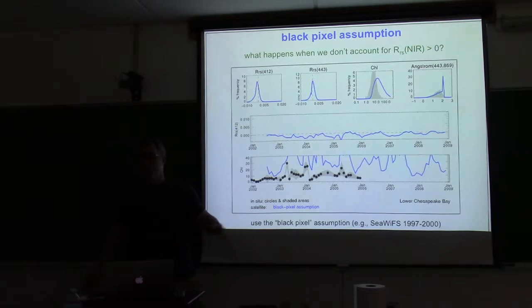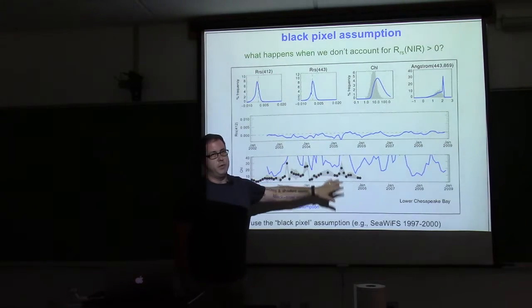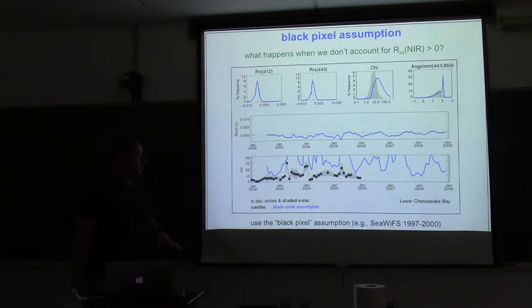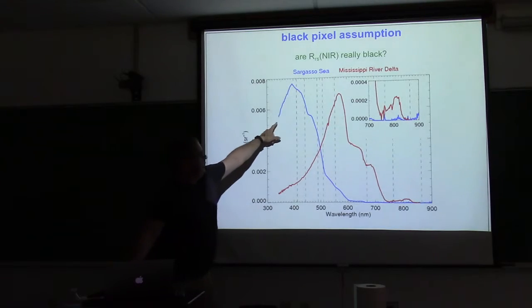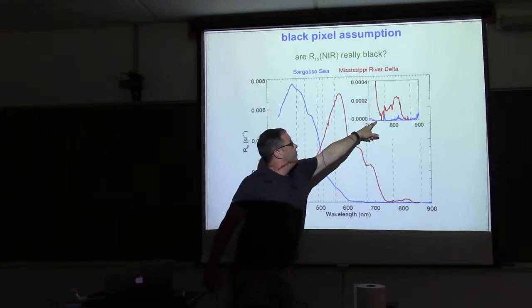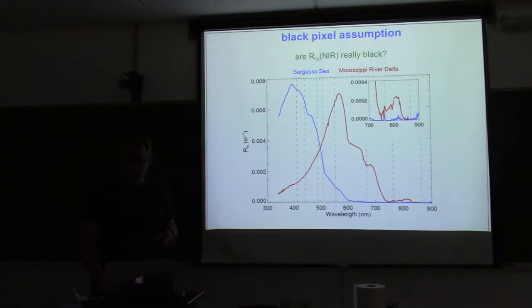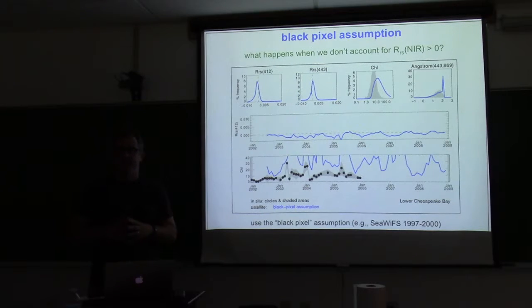And just so you know what the derived products look like, totally out of bed with what we're actually seeing in the field. Okay? So this would argue to me that while it might work in some places, even a negligible signal, this assumption fails. So, seeing this, would you expect that it would fail in the Damariscotta River estuary?